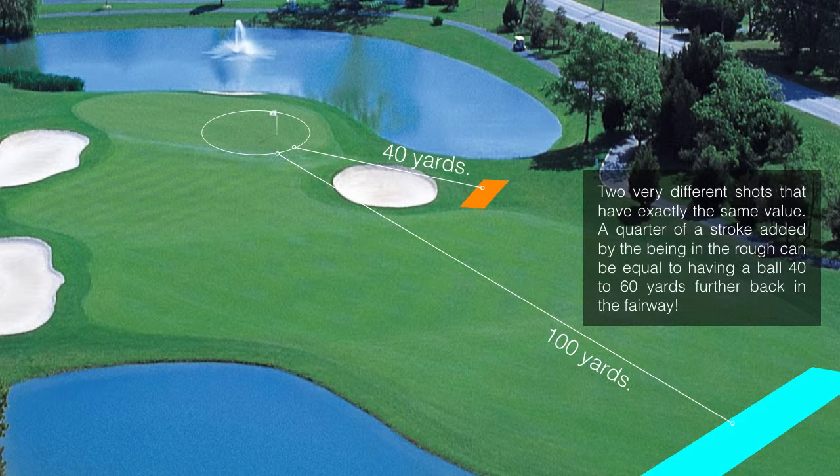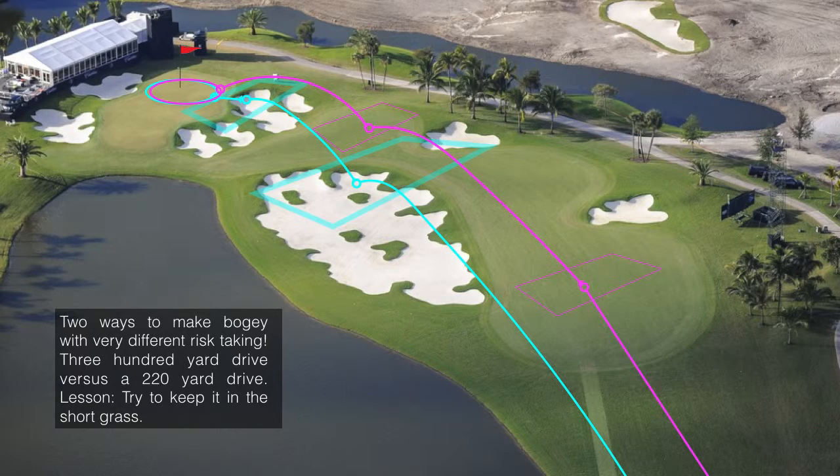Keep this in mind. If your ball goes into the rough, as shown here in orange, the British study says, on average, it adds about a quarter of a stroke to your expected score. So, it would be the equivalent of a ball being 60 yards further back in the fairway. Please note that the average score from the rough for a professional is equivalent to playing from the fairway 40 to 60 yards farther.